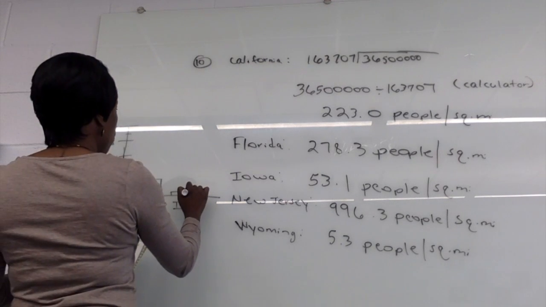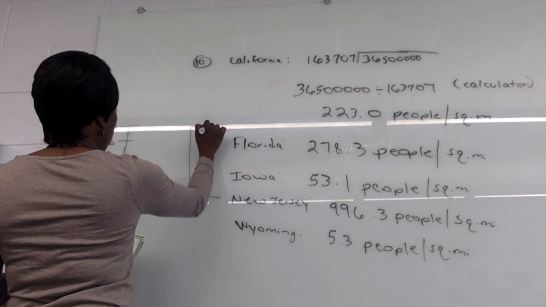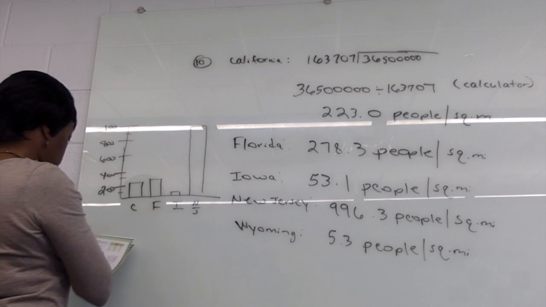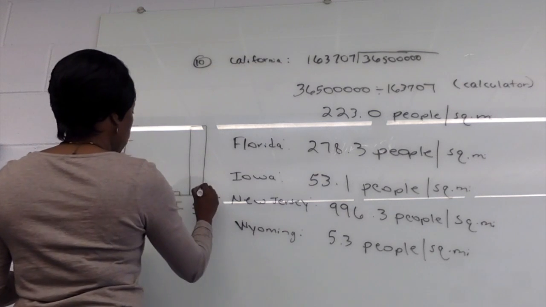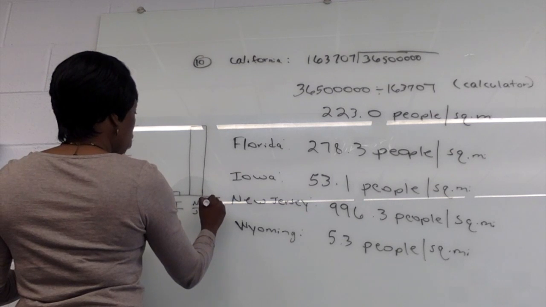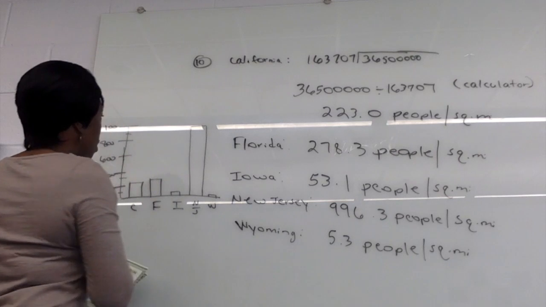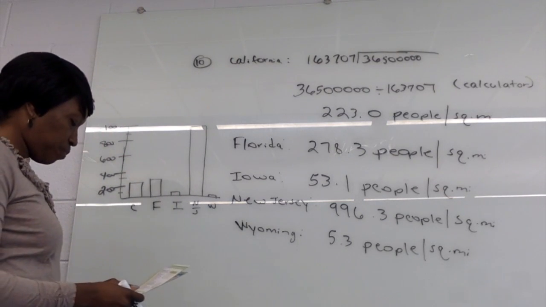So for New Jersey, we got to have a bar that's going over 900, but you can't touch. It should be very close to your 1,000. So that's New Jersey. And then Wyoming is very small, 5.3. So it's going to be just a little bit. But that's how your bar graph should look for number 10.